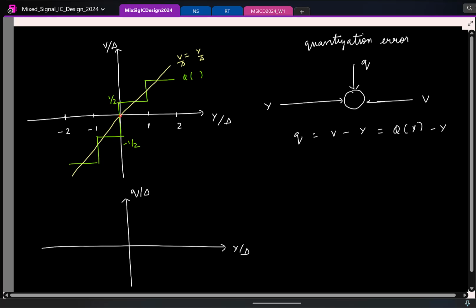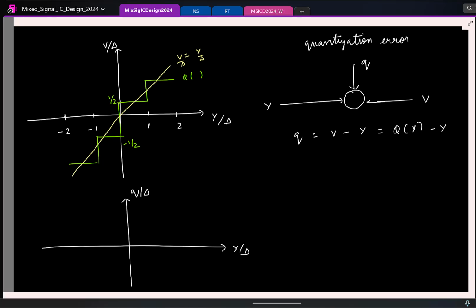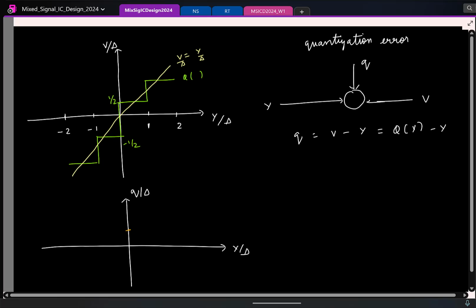So at 0, what is the difference? At 0, the yellow line is 0. The green one has a discontinuity. So even the difference will show discontinuity, right? And what will be the levels of the discontinuities? Half and minus half. Fine. So if I keep increasing the input, the quantized value is constant, but the yellow curve is increasing.